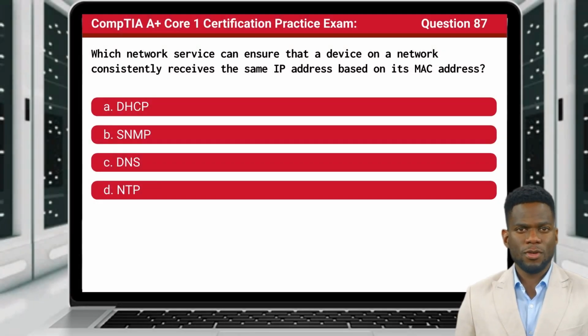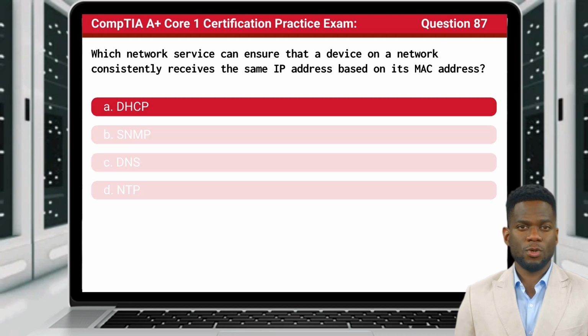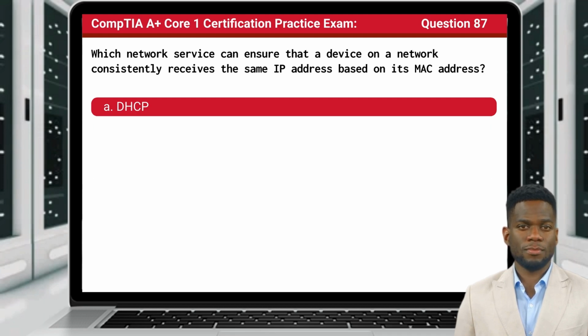Question 87. Which network service can ensure that a device on a network consistently receives the same IP address based on its MAC address? The answer is A. DHCP.